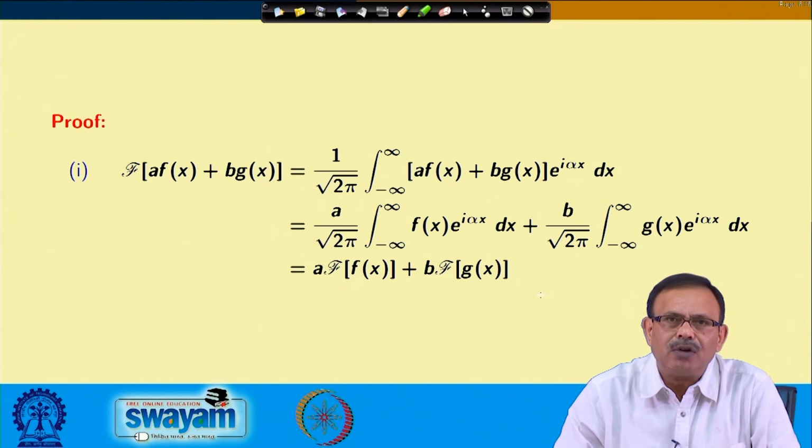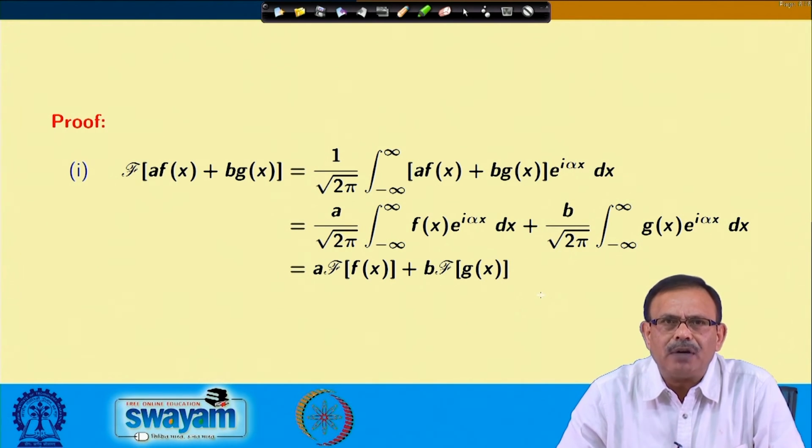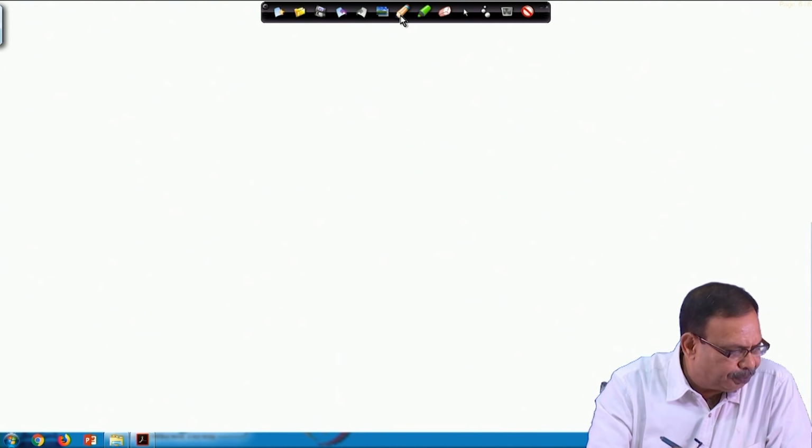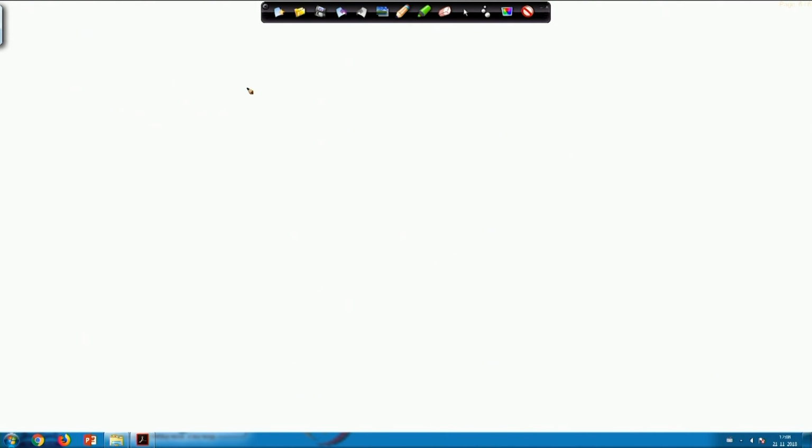Now, let us see the second one, where we are saying that the Fourier cosine transform of a f(x) plus b g(x) equals a into the Fourier cosine transform of f(x) plus b into the Fourier cosine transform of g(x), or the sine you can take.